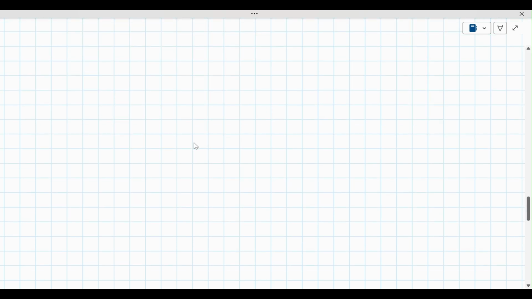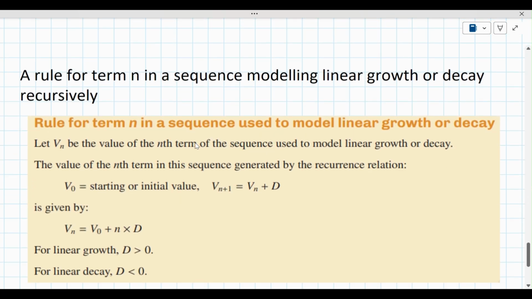Let's look at another piece of knowledge: the rules for terms of a sequence, the linear growth and decay for the recurrence relation.